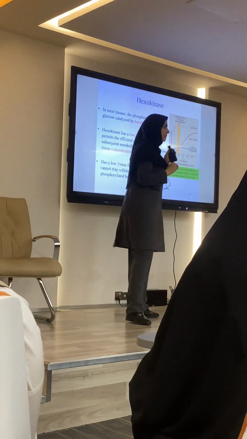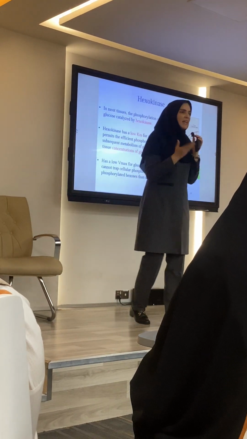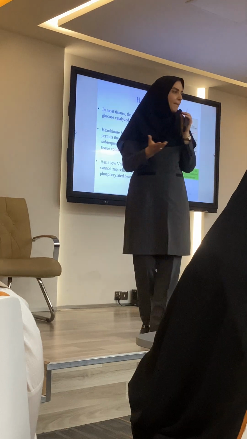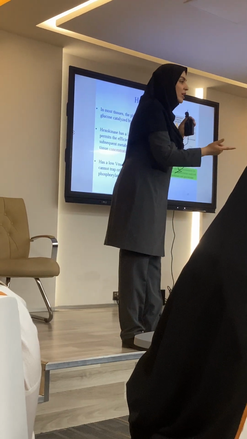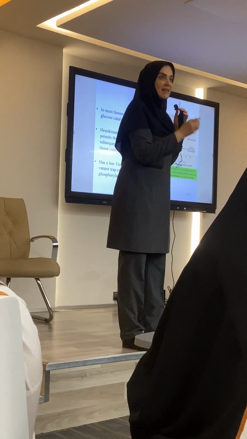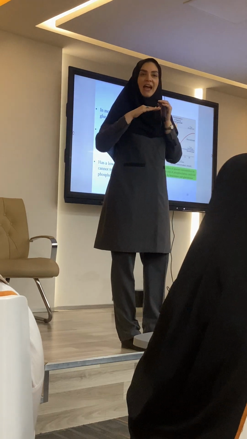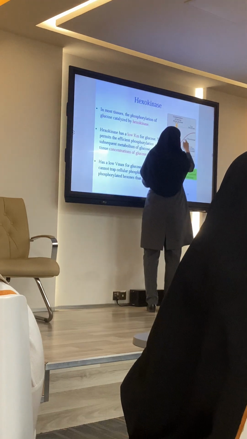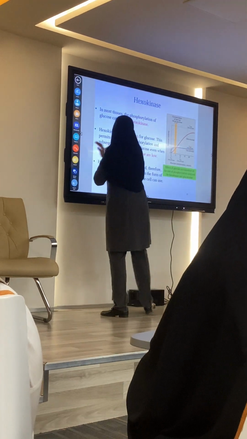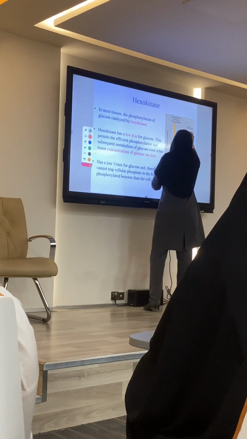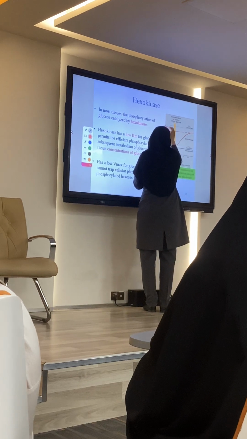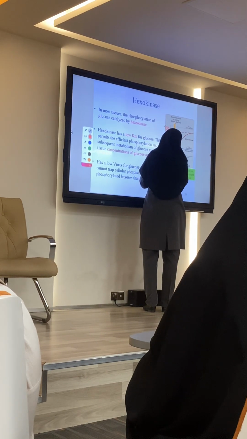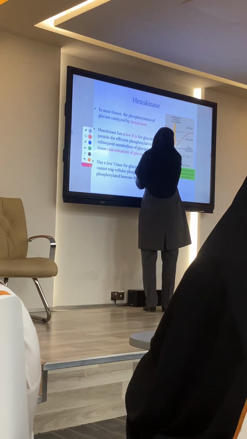If you remember, do you remember the Km? What is Km of an enzyme? The concentration of substrate at which we have half Vmax. For example, if the Vmax here is 100, the half Vmax is 50.